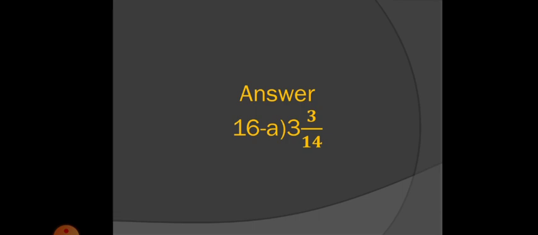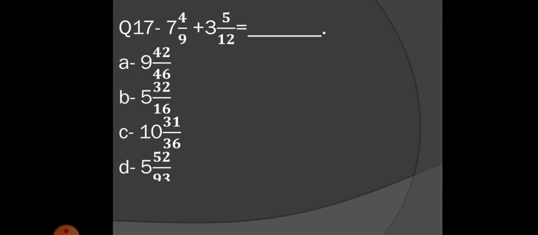Now let's see what is the question number 17. 7 whole 4 upon 9 plus 3 whole 5 upon 12. This question is like question number 16, but in this question you have to find the sum of two mixed fractions. Now let's see the options.